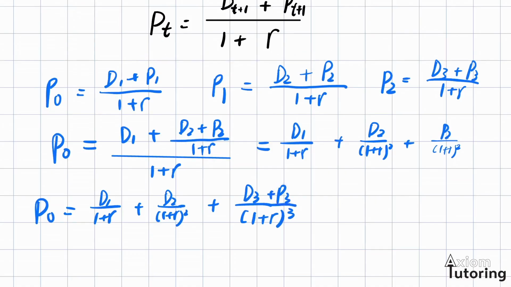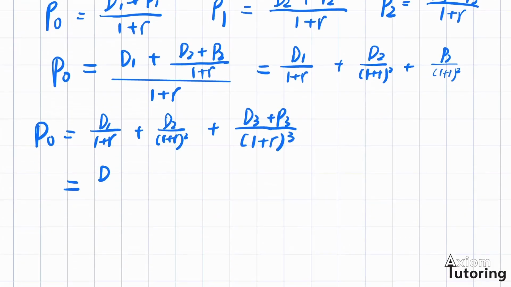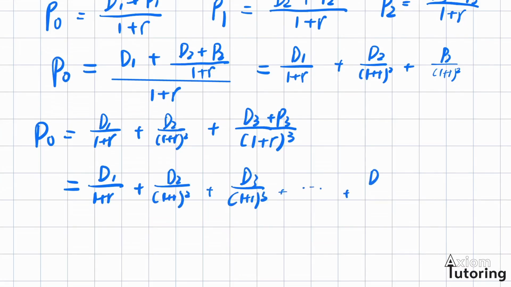So if we expand it t times, what we're left with is going to be D1 discounted plus D2 also discounted, and then D3 over 1 plus R to the power of 3, all the way up to Dt over 1 plus R to the power of t, and plus Pt over 1 plus R to the power of t.